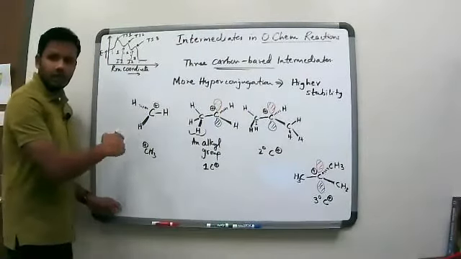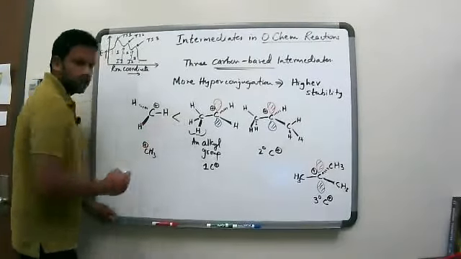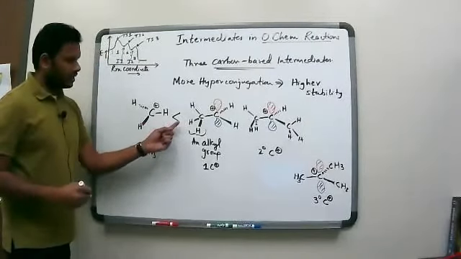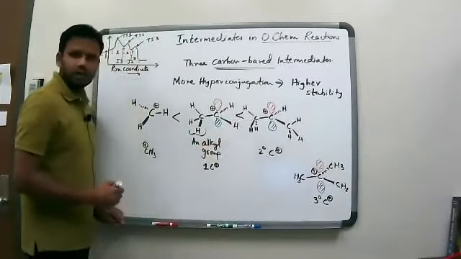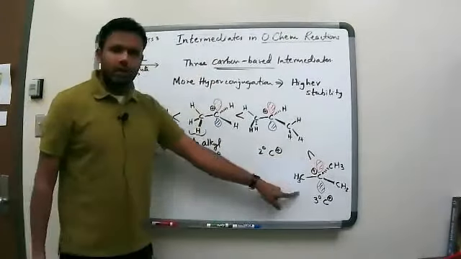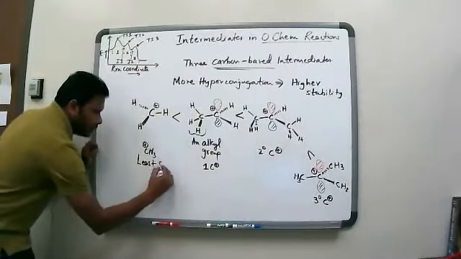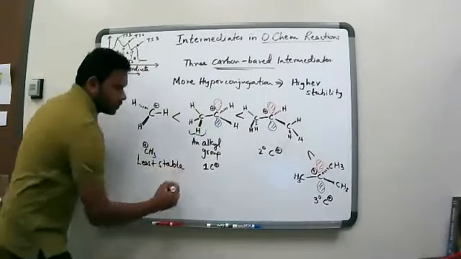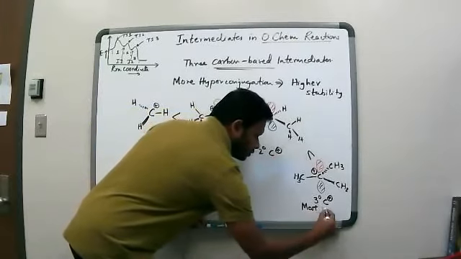That means in case of carbocations, a methyl carbocation is the least stable. It is less stable than a primary carbocation, which is less stable than a secondary carbocation. And then the tertiary carbocation is the most stable. So this is the least stable, and this is the most stable carbocation among carbocations.